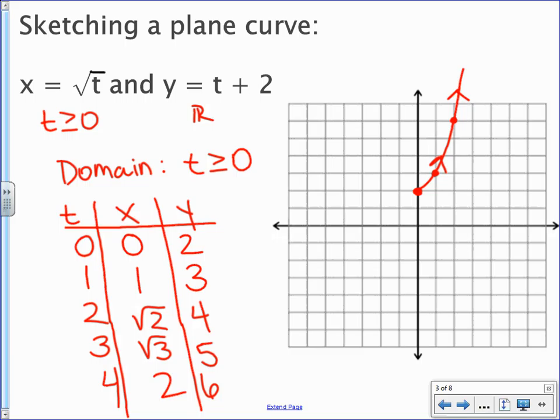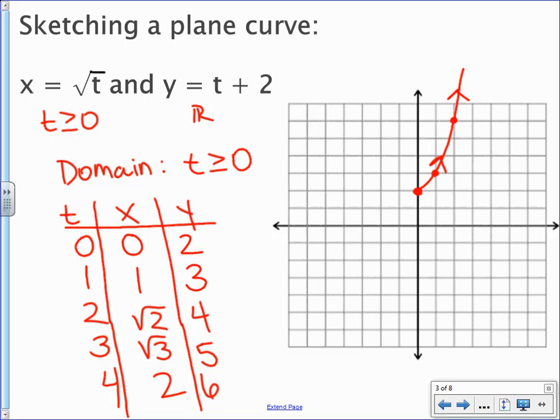Okay, but do you think that there could be a more efficient way of coming up with a graph? Probably since I'm talking about it, maybe. Okay. So what we're going to do next is we're going to eliminate the parameter. What is the parameter in this set of parametric equations?